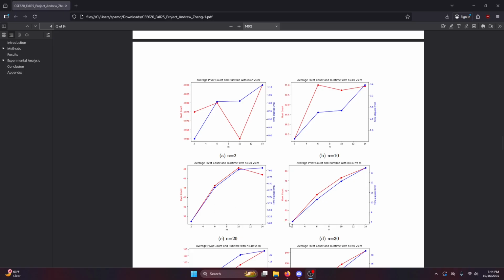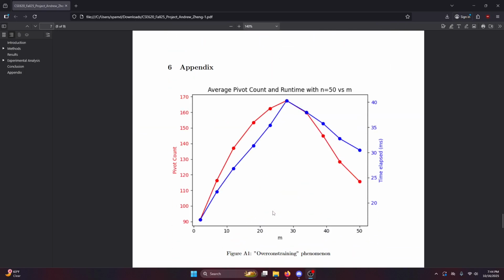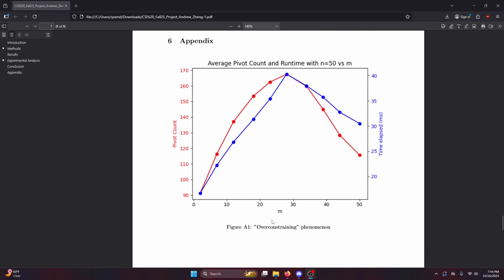It's most prominently displayed at n equals 20. To test this theory, we generated a graph where we went all the way to m equals 50 and verified that even with an n value of 50, we still observe the same behavior, this very interesting bell shape. This was not something we expected to see.